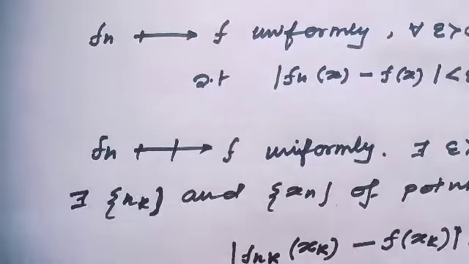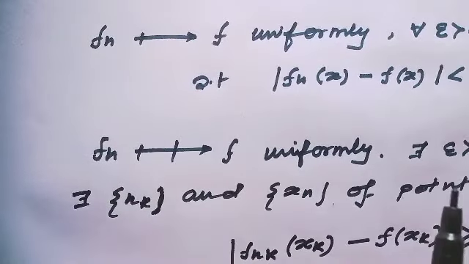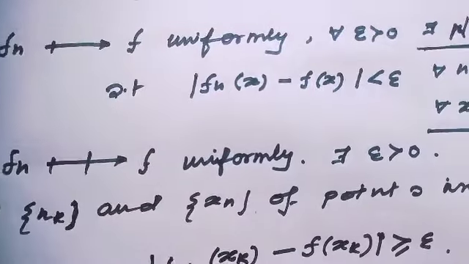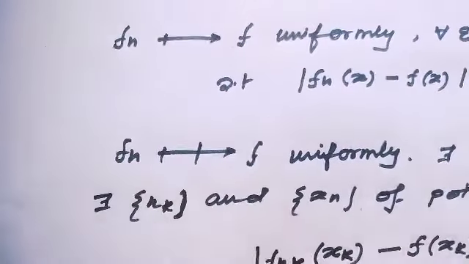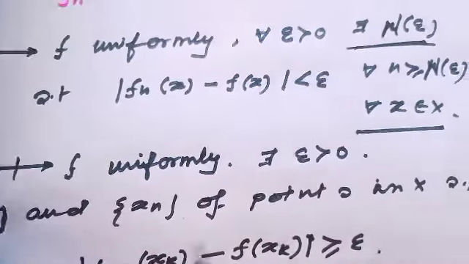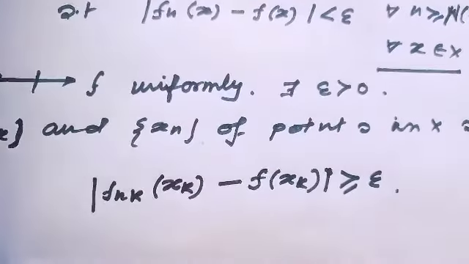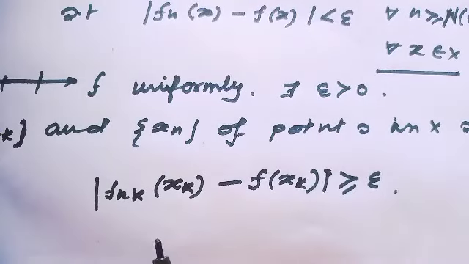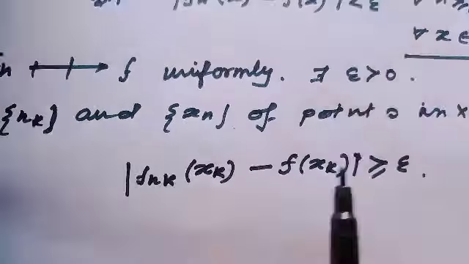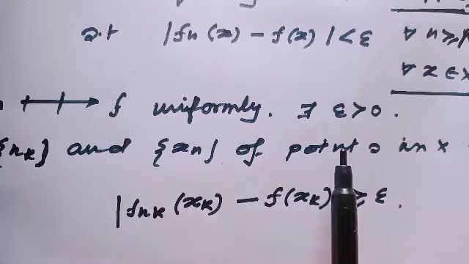But fn does not converge to f uniformly means there exists an epsilon greater than 0 and there exist nk and xk, points in the set X, such that the absolute value of f_nk(xk) minus f(xk) is greater than or equal to epsilon. Here notice, not for all epsilon.